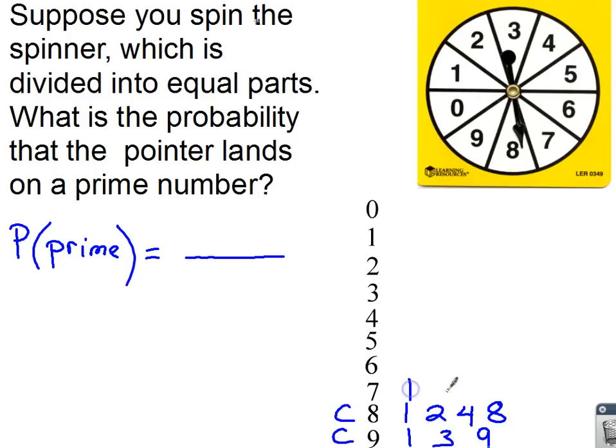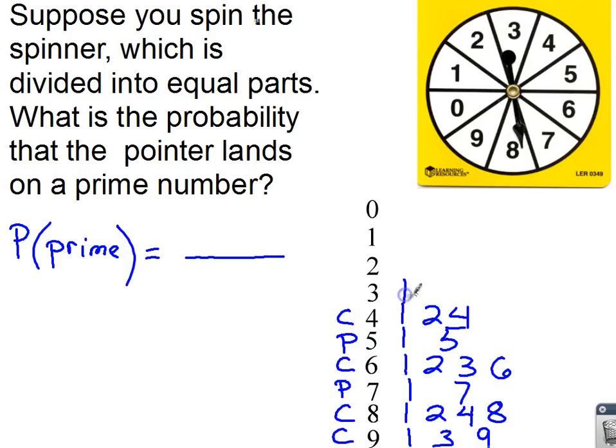All right, think of 7. 1 and 7. Those are the only numbers that multiply together to get 7, so we would call that a prime number. And I'm just going to roll through the rest of these real quick. 6 is 1, 2, 3, and 6, composite. 5 is 1, 5, prime. 4 is 1, 2, and 4, composite. 3 is 1 and 3, that's a prime number. 2 is 1 and 2, so that's prime.